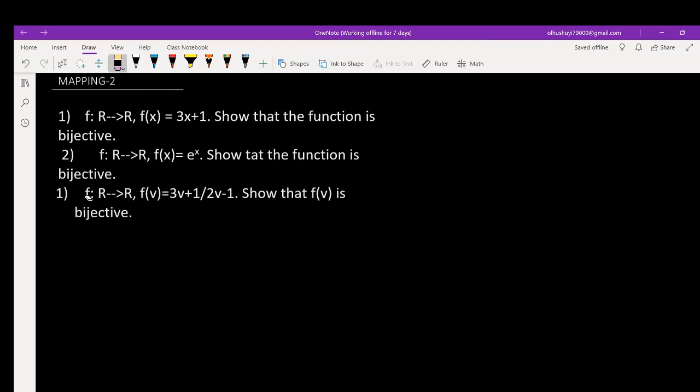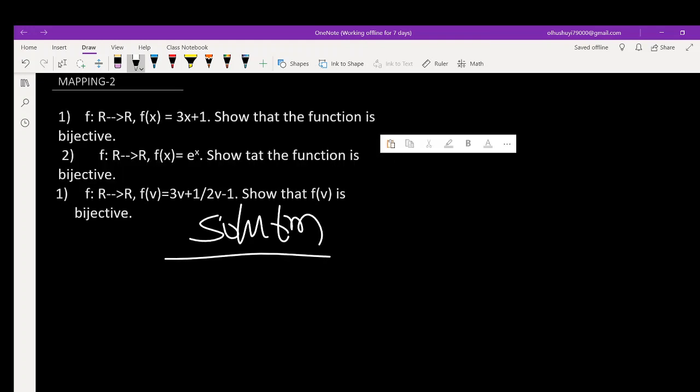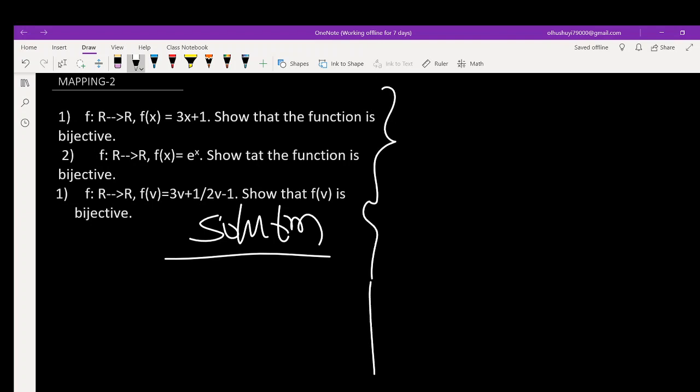If we are to show that the function is bijective, the first thing we show, like I said before, will be to show that the function is one to one, that is, the function is injective.